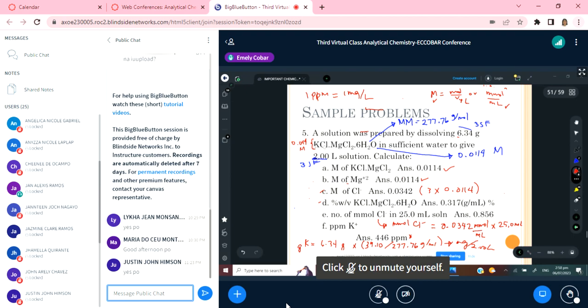Kasi tignan ko sa formula, 3 chlorines. So, therefore, kung ang concentration ng KCl, MgCl2, 6 water ay 0.0114, then ang concentration ng solution na yan, the chloride concentration, I will simply multiply by 3 because there are 3 chlorines in the formula. Okay? O, nakuha na. Naintindihan? Ha? Okay na ba yon?